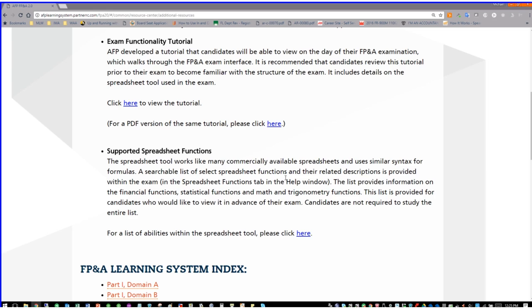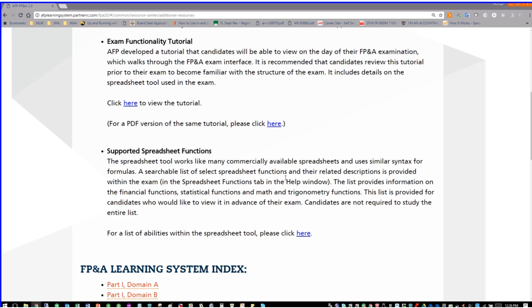Those spreadsheets use a licensed spreadsheet program that is similar to Microsoft Excel, but it is not a Microsoft product. And the functionality in this licensed product is similar or akin to Excel, but there are significant differences.